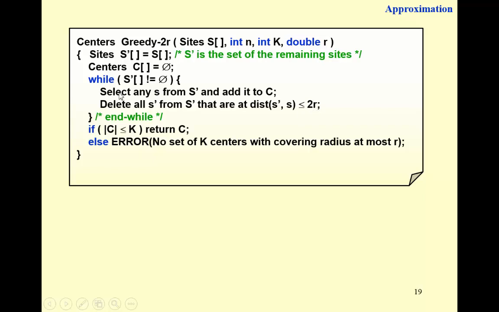And we just keep doing so until this set is empty. When this set is empty, let's count the number of centers we have collected. If the number of centers is smaller than or equal to K, then we are done. Return the set. Or else, we return an error message, saying that this is impossible for this radius R.